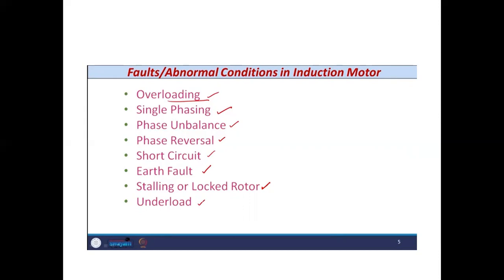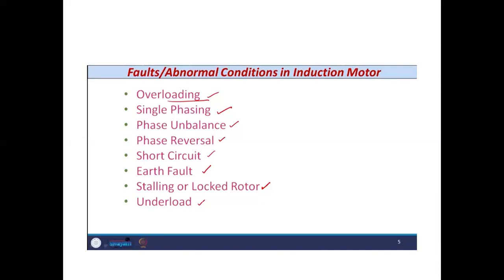The fifth one is short circuit. If any fault occurs in the winding, then a short circuit is there, and a large magnitude of current flows in that condition. The next one is the arc fault, that is between the winding and the core of the induction motor.